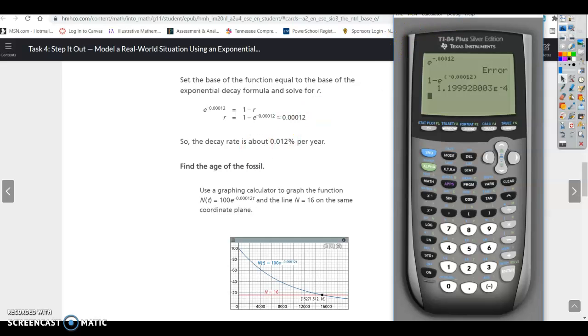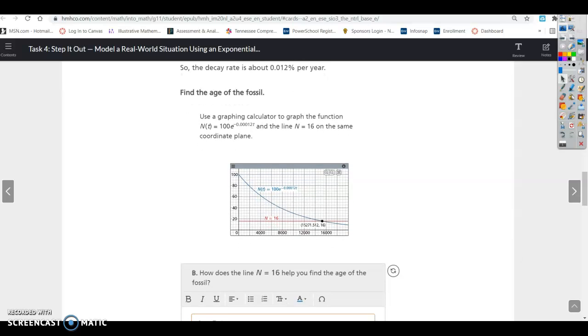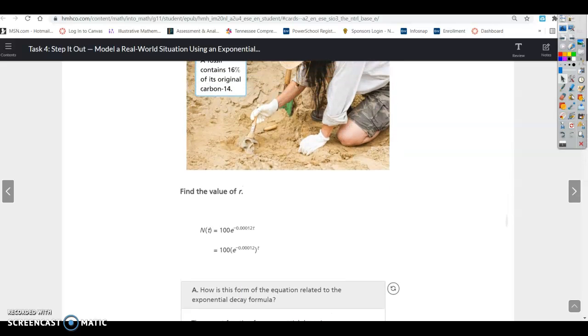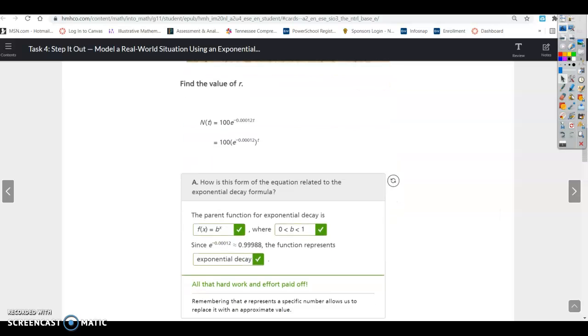All right, moving on. Find the age of the fossil. Use a graphing calculator to graph the function n of t and the line n equals 16 on the same coordinate plane. Remember, n equals 16 is 16% of the original carbon-14.